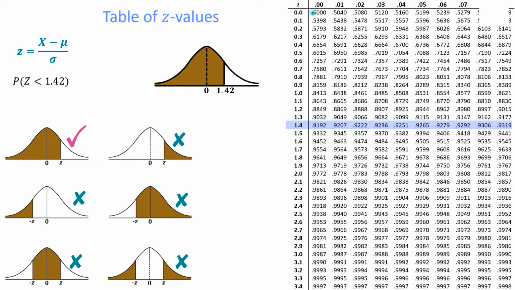So along the top here, we want the second decimal place to have a digit of 2. So we keep going until we get to that. Okay, so this is the one we're looking for, and this is indeed the probability that we want. So the probability of z being less than 1.42 is equal to 0.9222.